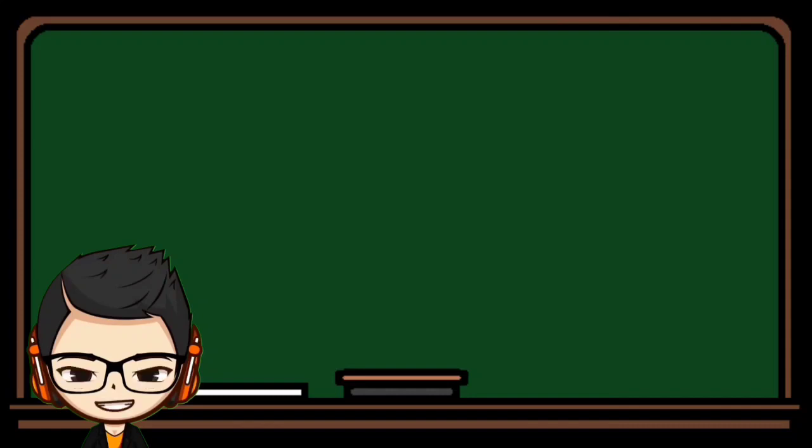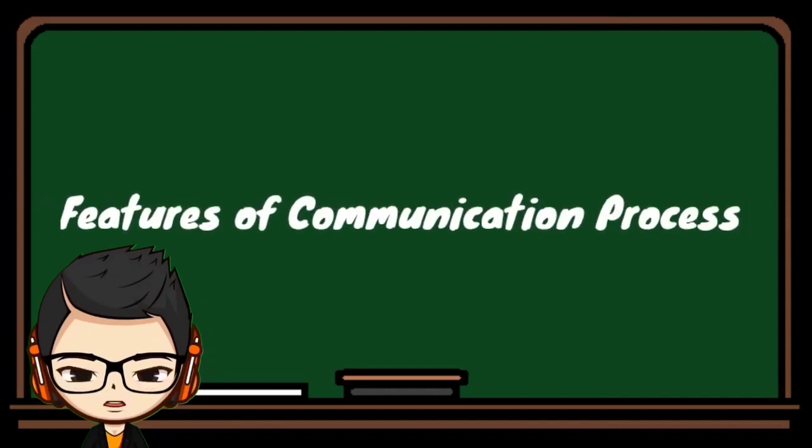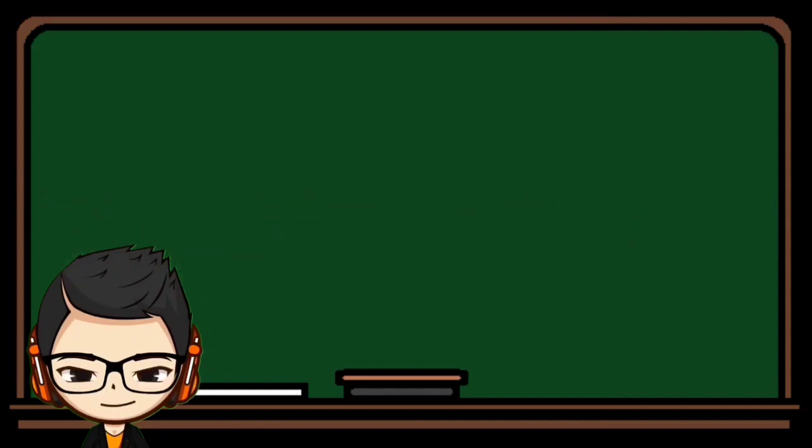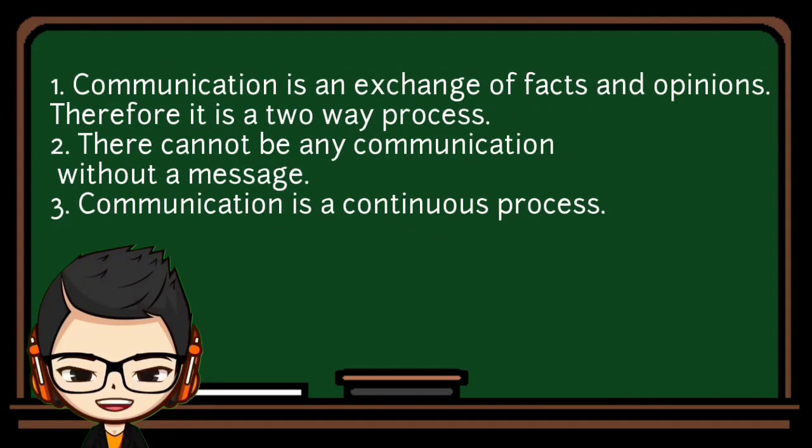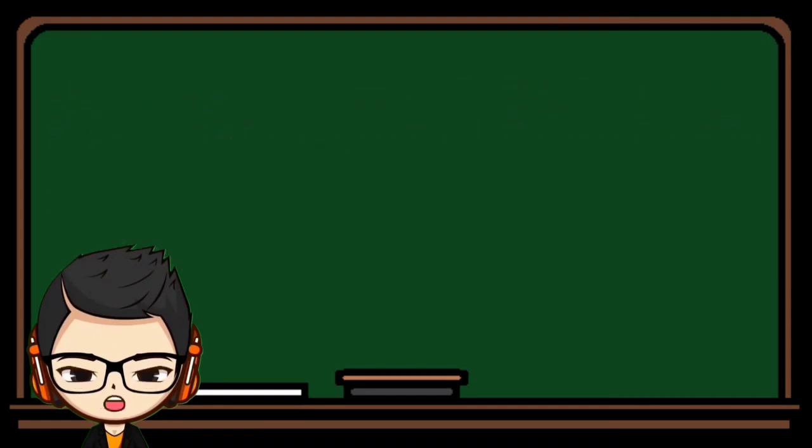Okay, the next is features of the communication process. The first is communication is an exchange of facts and opinions. Therefore, it is a two-way process. The second, there cannot be any communication without a message. The third, communication is a continuous process.